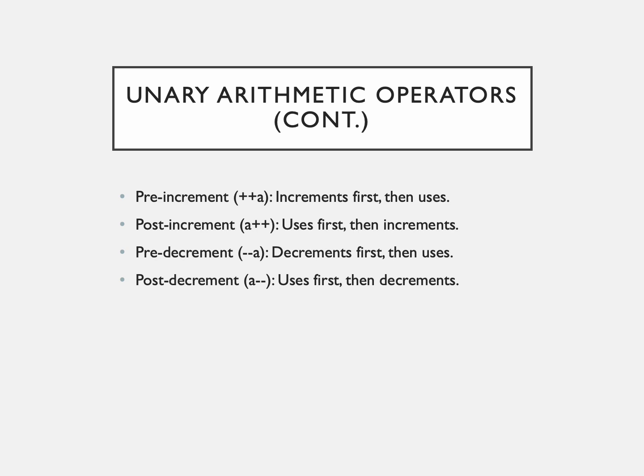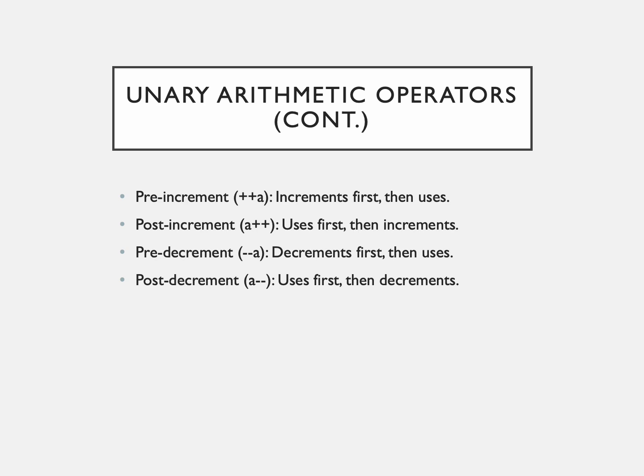There are two types of increment and decrement: pre-increment and decrement, and post-increment and decrement. So, let's examine the differences. If we talk about pre-increment, which is written as plus plus a, the variable is incremented first, then used in the expression.